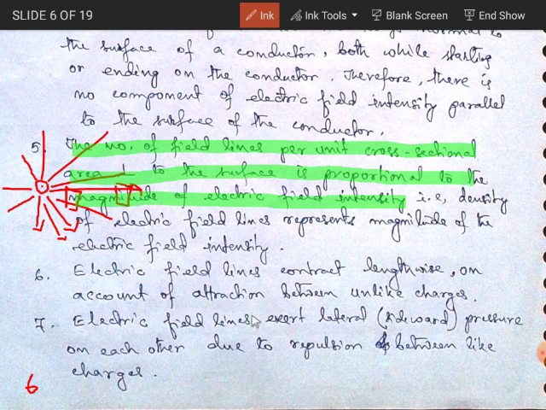Now, why do these electric field lines contract? It is because unlike charges attract each other. Suppose there is a positive charge here and here a negative charge.